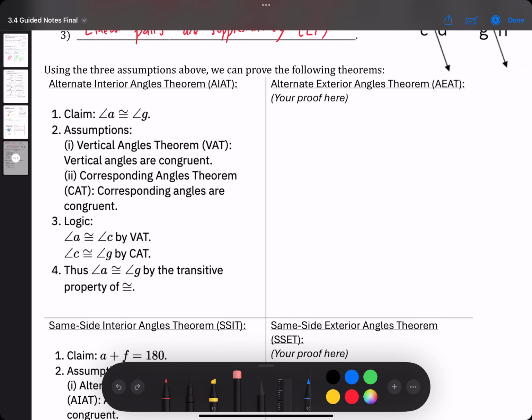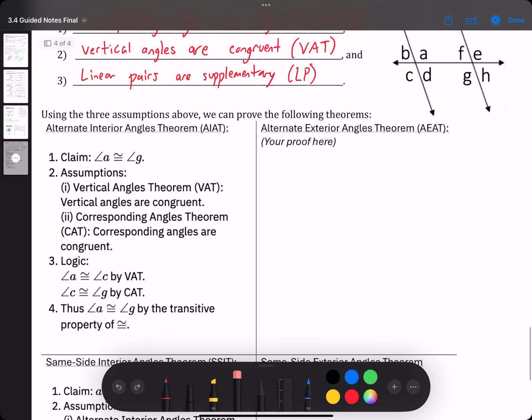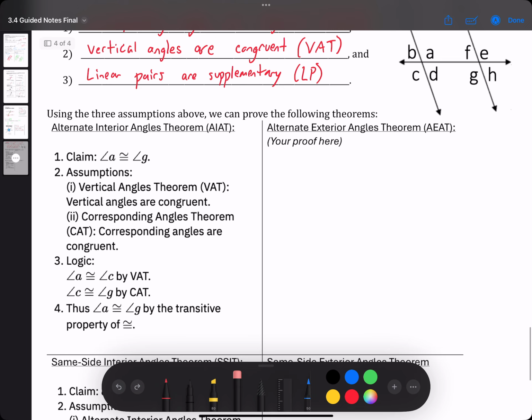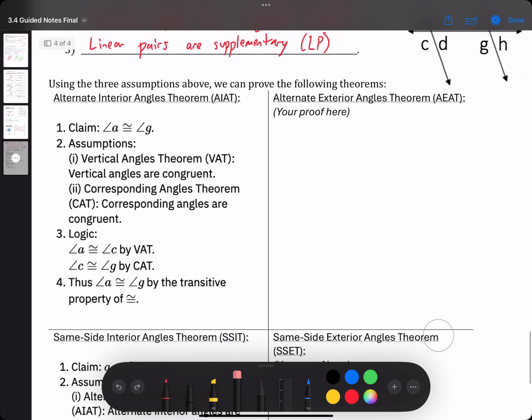I'm going to walk you through the two theorems that I have right here, the alternate interior angles theorem and the same side interior angles theorem, how we prove them, and as an aspire-to-do exercise, you're going to prove the alternate exterior angles theorem and the same side exterior angles theorem down here.